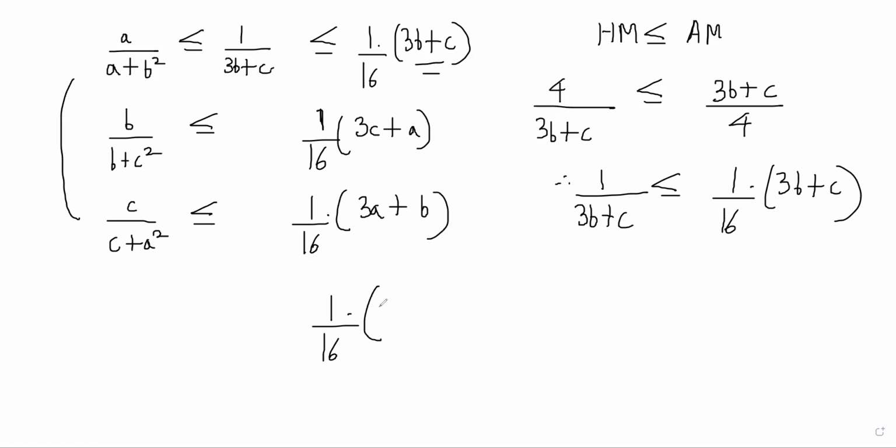So actually it will become 4 times a plus b plus c, right? So less than equal to 1 by 4 we are getting.